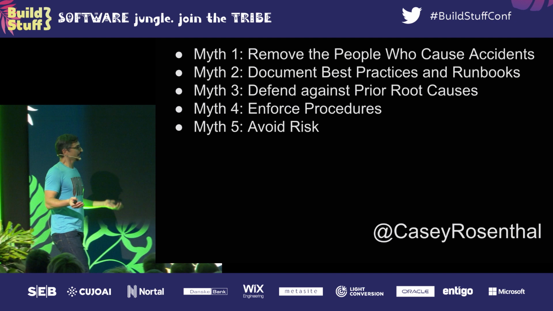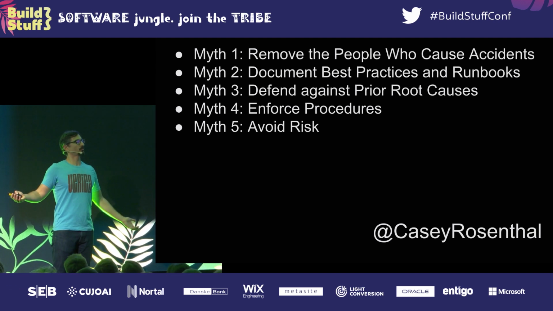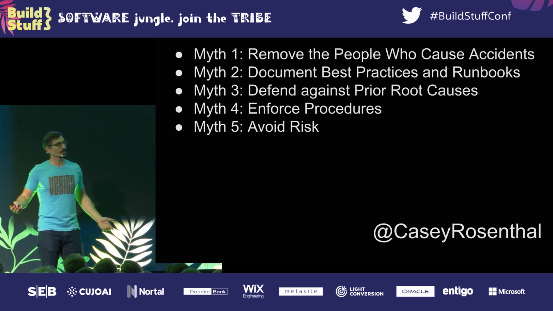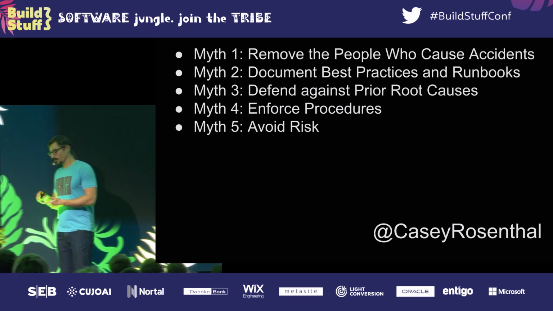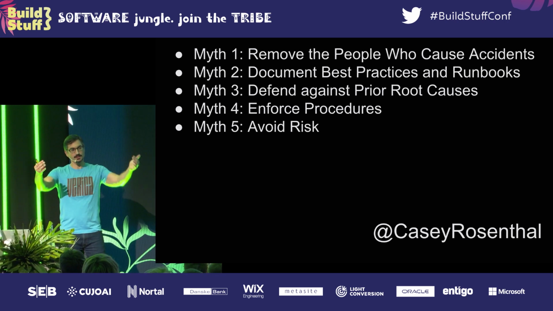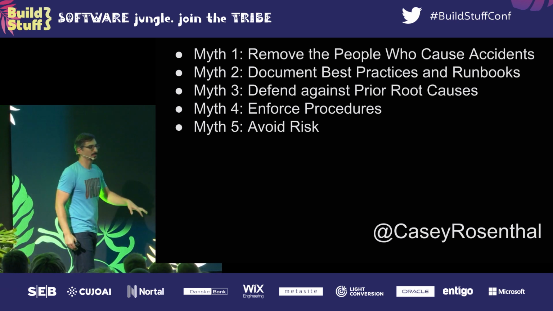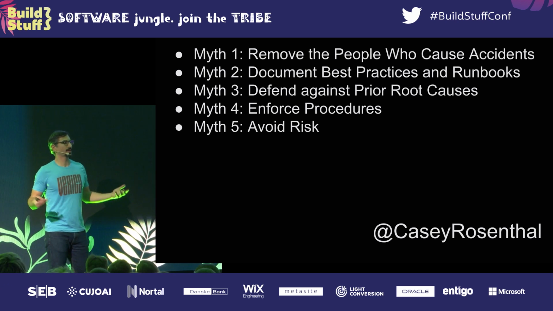Again, that intuitively makes sense. Turns out it's empirically wrong for a couple of reasons. One is we can't fundamentally transfer knowledge for how to operate a safe system to another human being. You have to build up that experience.